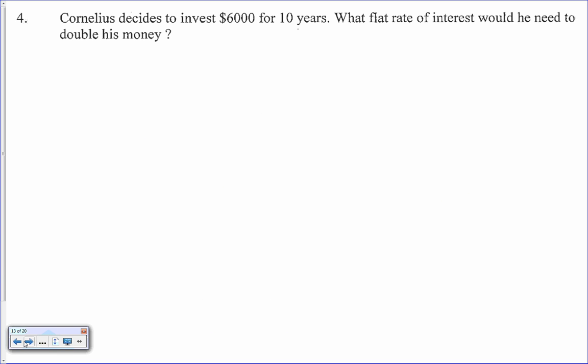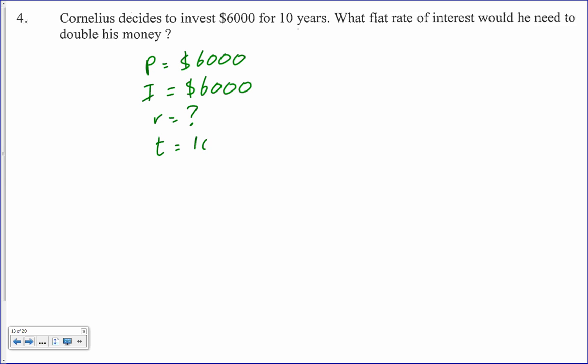Cornelius decides to invest $6,000 for 10 years. What flat rate of interest would he need to double his money? So, principal, 6,000. If he wants to double his money, he needs his interest to be 6,000. R equals question mark, because we don't know that yet. And time equals 10 years. So I equals PRT.